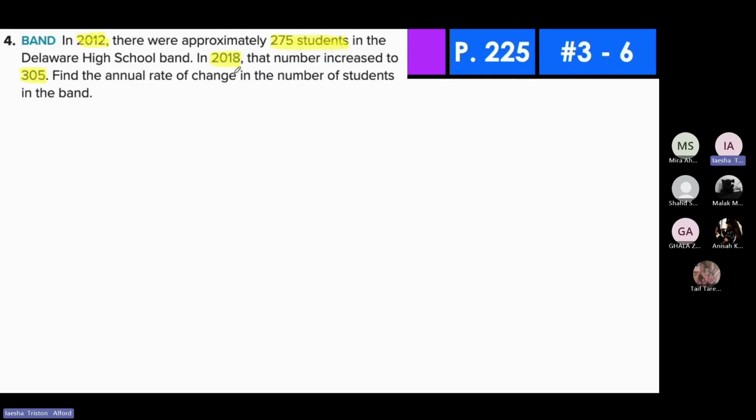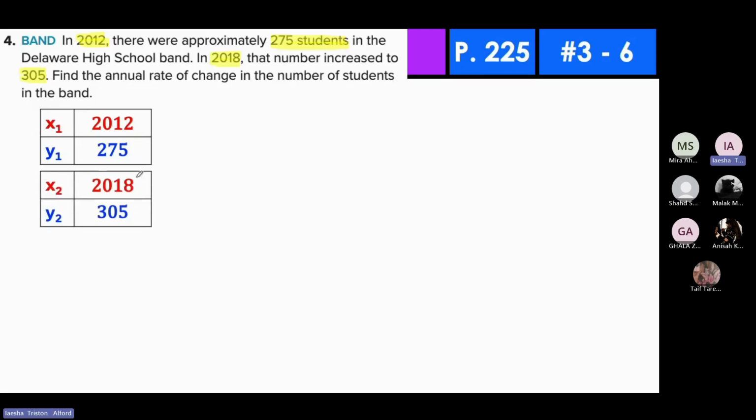Find the annual rate of change in the number of students in the band. So your X1 is going to be 2012, and your Y1 is going to be 275. The year should be X, and the Y should be the students. For X2, we're putting 2018, and the Y2 is going to be positive 305.